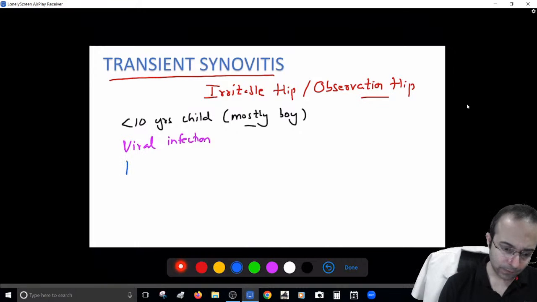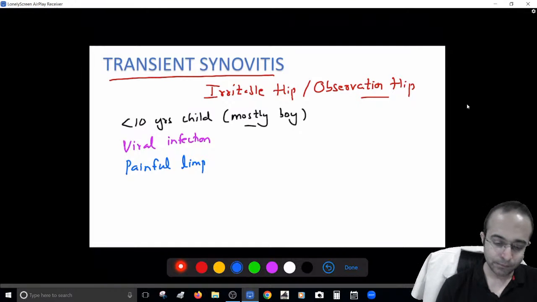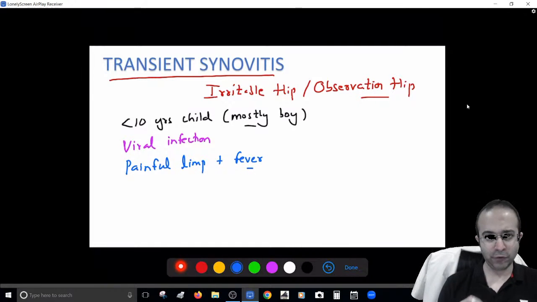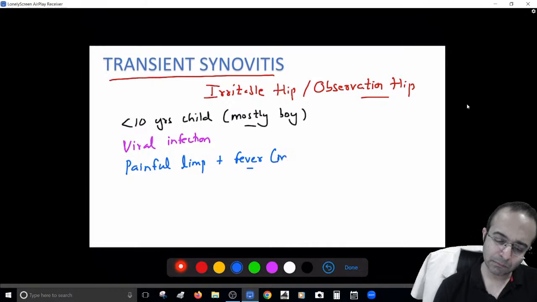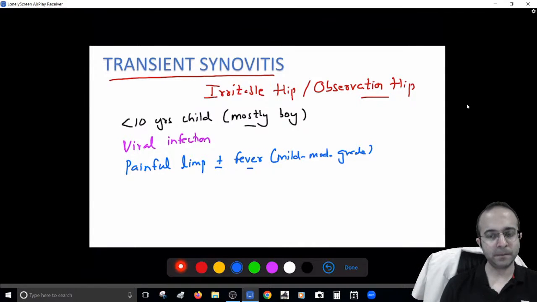After this, he comes to you with this complaint of a painful limp, plus there might be some degree of fever, a mild or moderate grade. So some kind of fever could also be there.